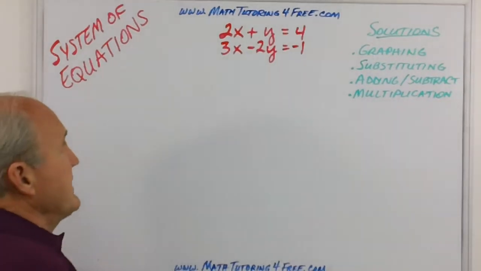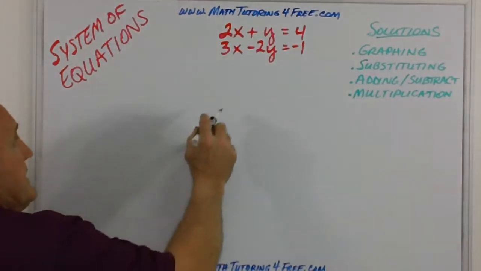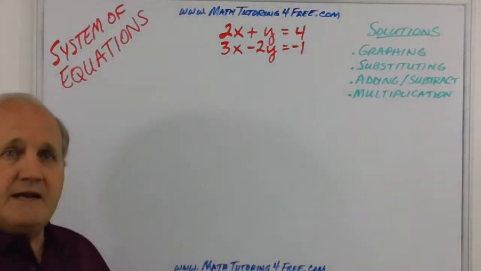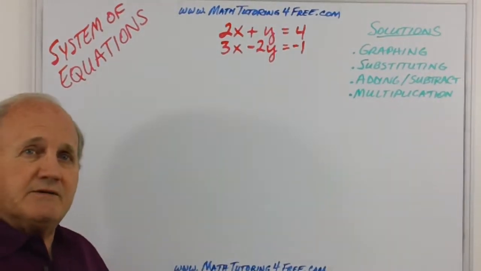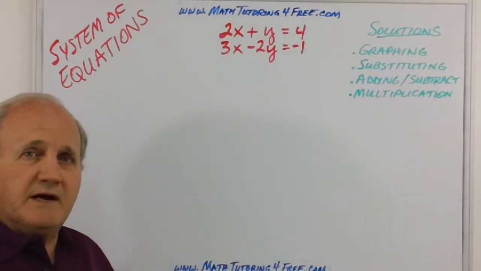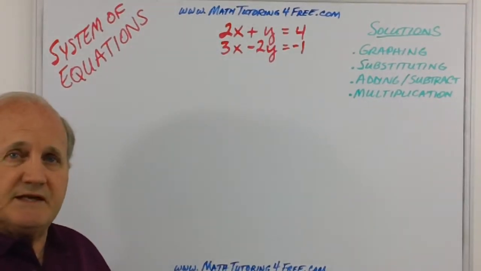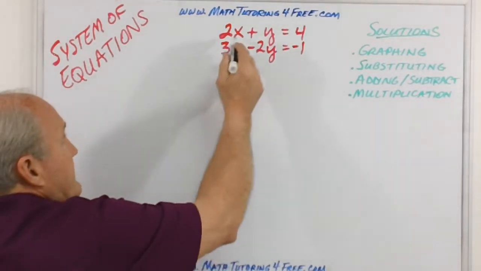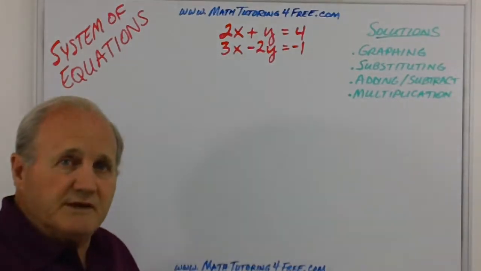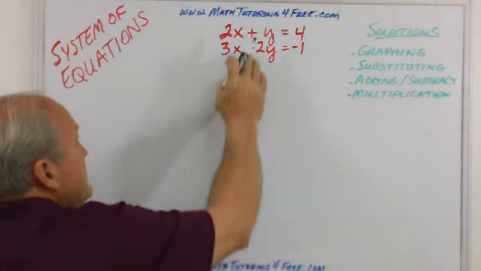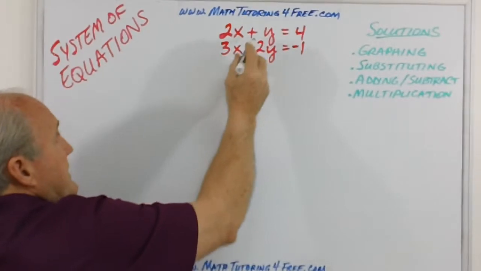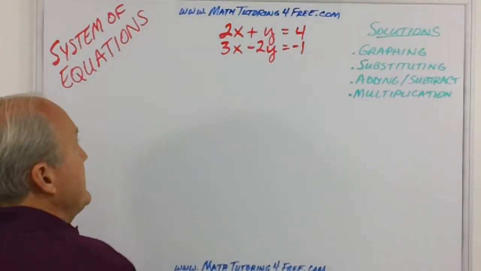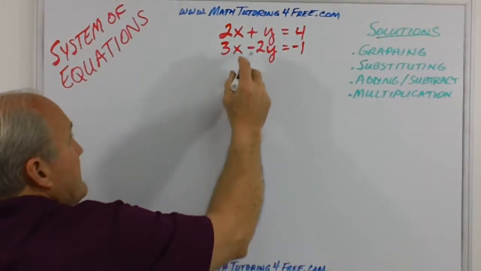But one of the things, by substituting, what I'm suggesting, if you look at both of these equations, is there one that will allow you to solve for x or y more easily than the others? One of the first things you should look for is any of the variables with a coefficient of 1. I hope you see in the first equation the y has a coefficient of 1, and therefore we could easily solve that equation.